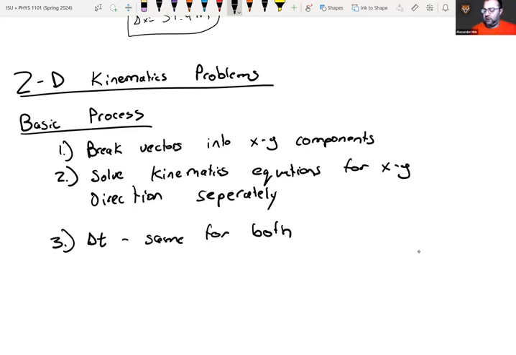The idea here is that if we're referring to a single event, or two events, like a takeoff and a landing, say, we can break its motion up into the x and y components and look at that separately, but the time between those two events is going to be the same for both the x and y components. So there is no x component of time or y component of time. There's just time. Okay, so that's what is going on there.